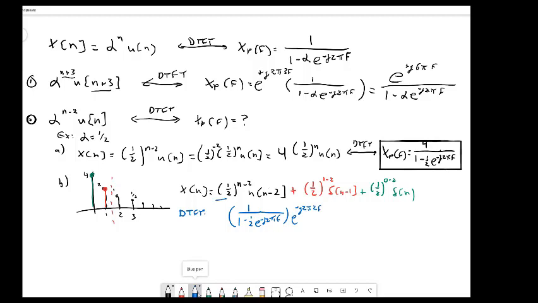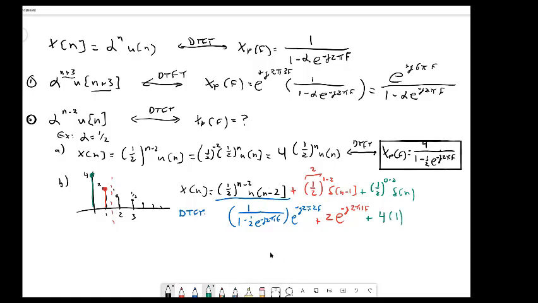That would take care of this term. The next term would Fourier transform as well, let's see, this 1/2 becomes 2. This is raised to the minus 1 power. And so that's going to give us a 2 e to the minus j 2 pi 1 times f. And this last term is going to give us a 4, just 4, because the delta sub n transforms as a 1.